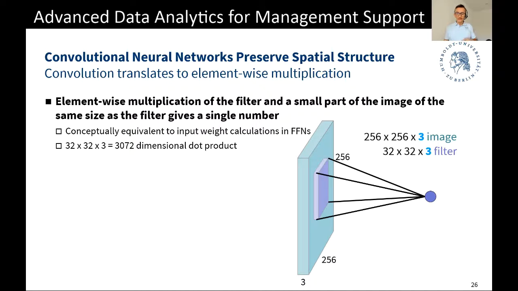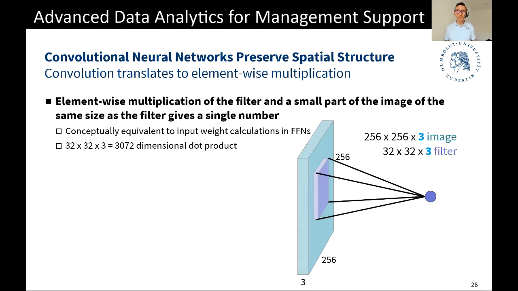And in the convolutional layer, because our filter is smaller and we put it just on one place over the image, we cook that down to a 3000 dimensional dot product, or 3072. And that's much more scalable, obviously. On the other hand, we have by now calculated a single output value, one scalar, one number.